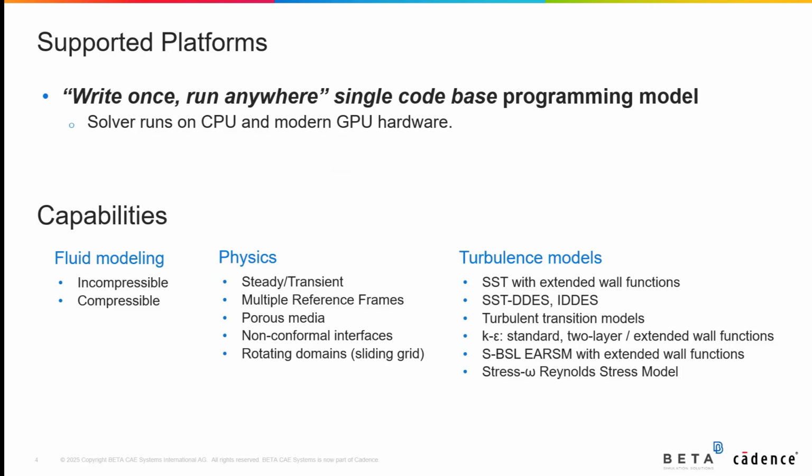It has been written from the beginning to be supported on both CPU and GPU hardware, resulting in very fast solution convergence. It supports incompressible and compressible flow, steady-state and transient simulations, multiple reference frames, porous media, nonconformal interfaces, rotating domains, and various turbulence models.